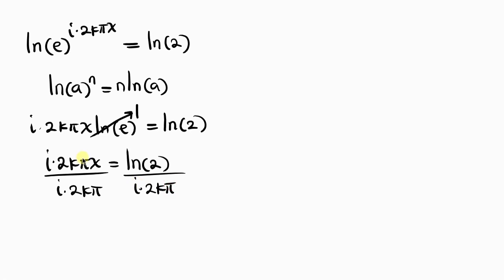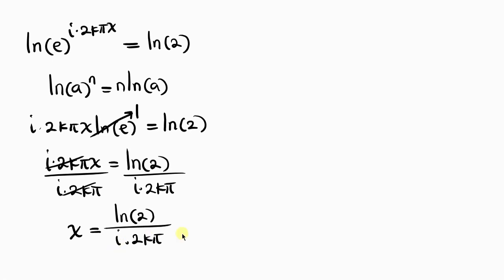Now notice i times 2k pi will cancel out, leaving behind x to be equal to ln 2 all over i times 2k pi. Well, there is something we need to know, that it is inappropriate that we have i as a denominator. So we need to get rid of i from the denominator.